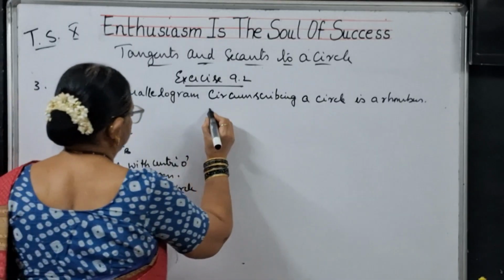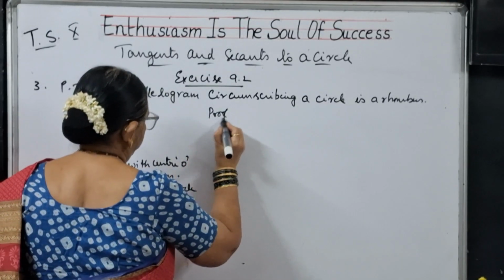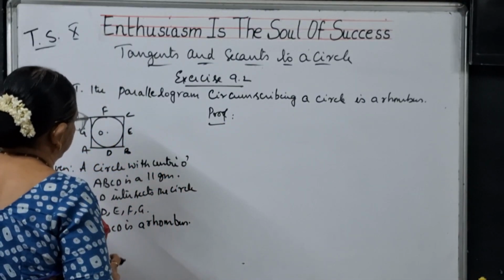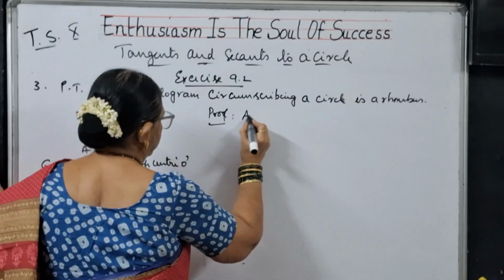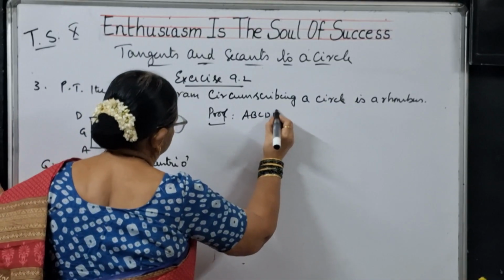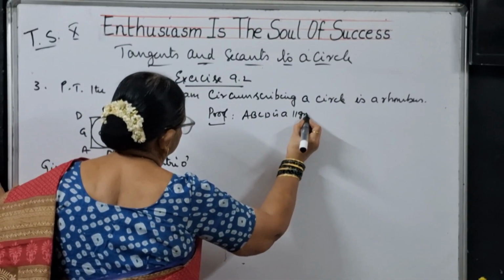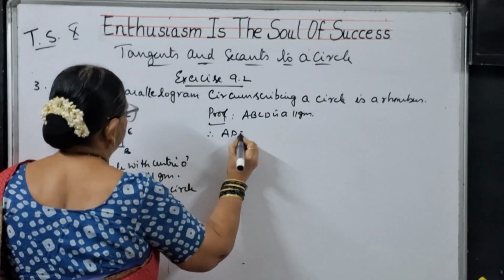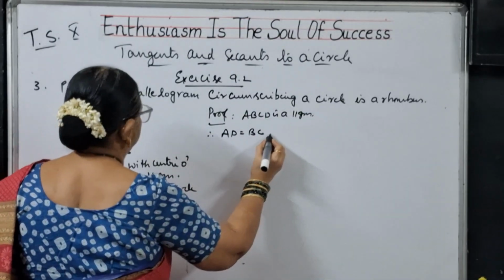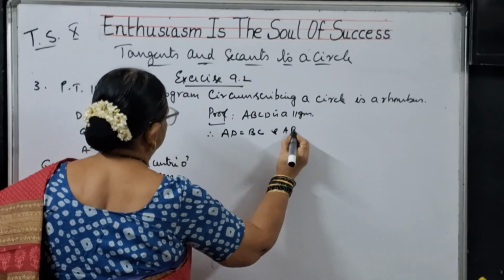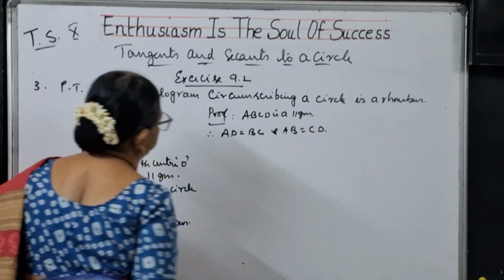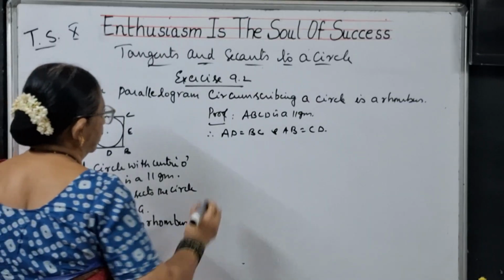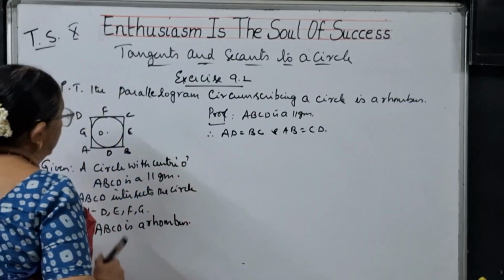Now let us see the proof. Proof is, we know that ABCD is a parallelogram. Therefore, AD is equal to BC and AB is equal to CD. Opposite sides are equal. Okay. Now, what is AD?